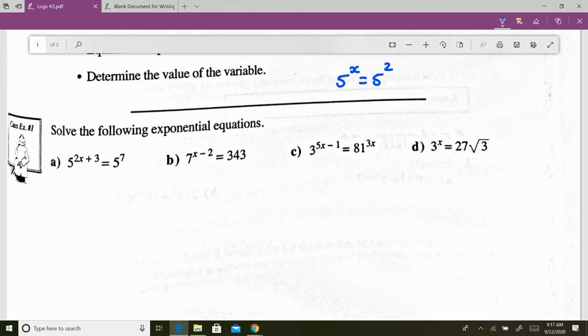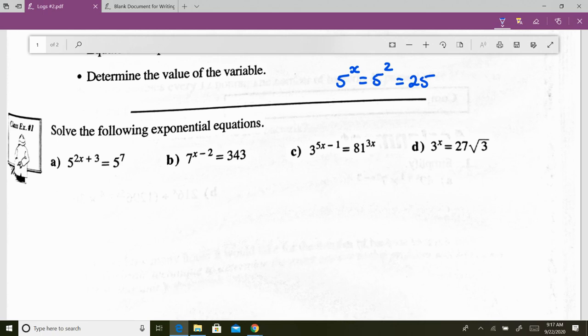If 5 to the power of x is equal to 25, what number of x will make it 25? It's 2. When you have the bases the same, you forget about them, they're irrelevant, and you just try to make the exponents match. That's what you do for all these.